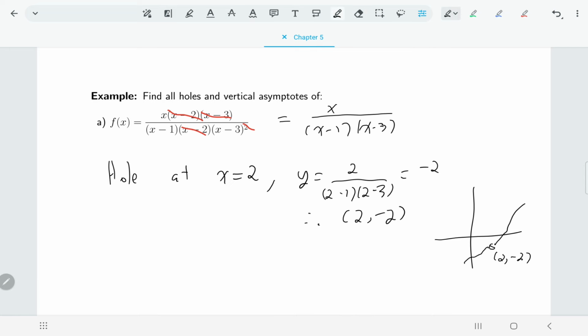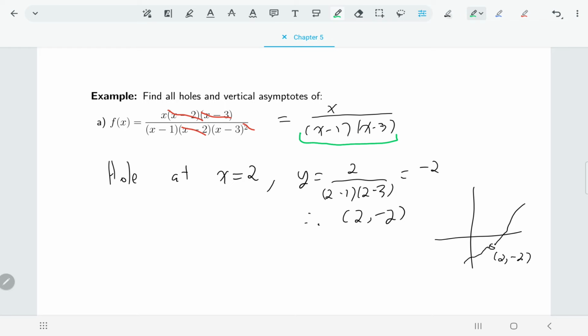All right, so the next part is for us to think about the vertical asymptotes. And again, going back to our excluded values, 1, 2, and 3 were excluded values. And the factors that gave us those excluded values are still there for 1 and for 3. So even though we did a little bit of canceling, we canceled an x minus 3, there still is an x minus 3 in the denominator, which means x being equal to 3 is going to be the equation of a vertical asymptote.